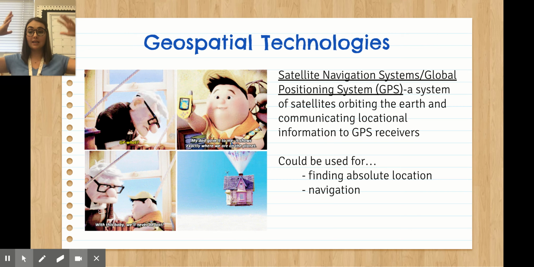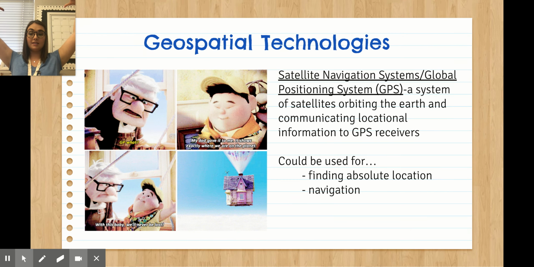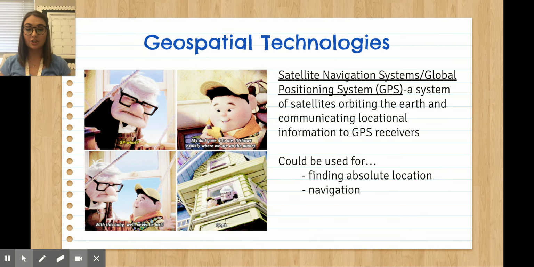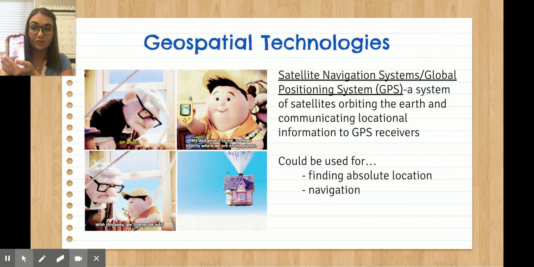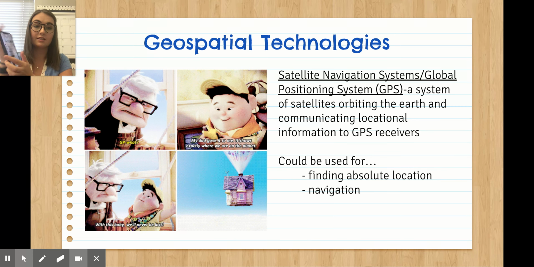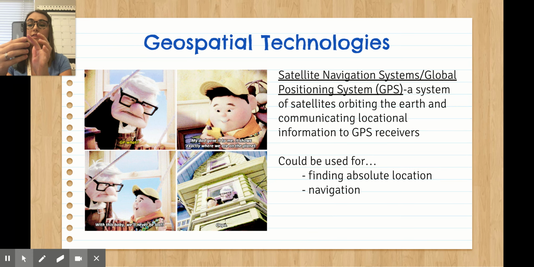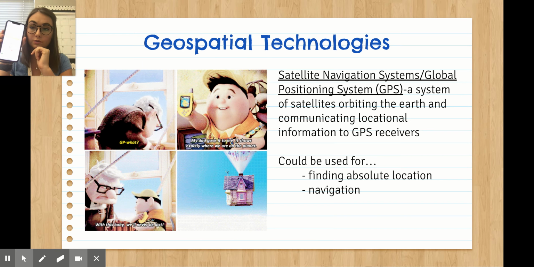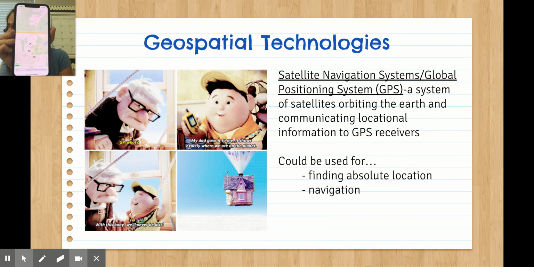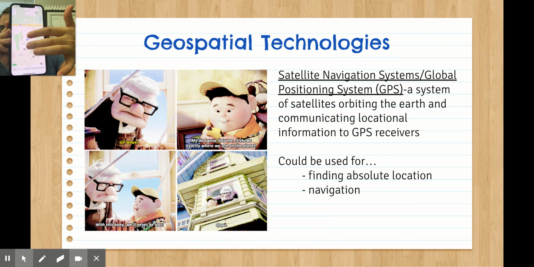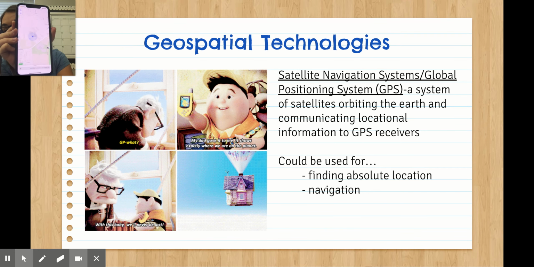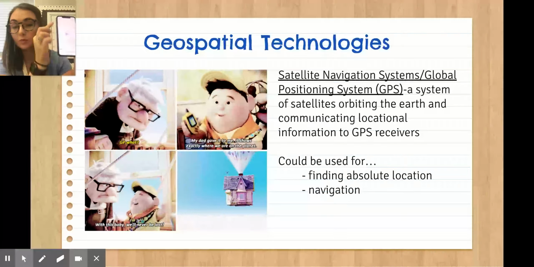So GPS is a bunch of satellites up in space, and it's sending information to GPS receivers. This is a GPS receiver, right? It's not a GPS. So satellites are sending information to my phone about my exact location, right? So my phone doesn't know I'm right here, but the GPS does, and it's sending it to my phone saying this is where she is.